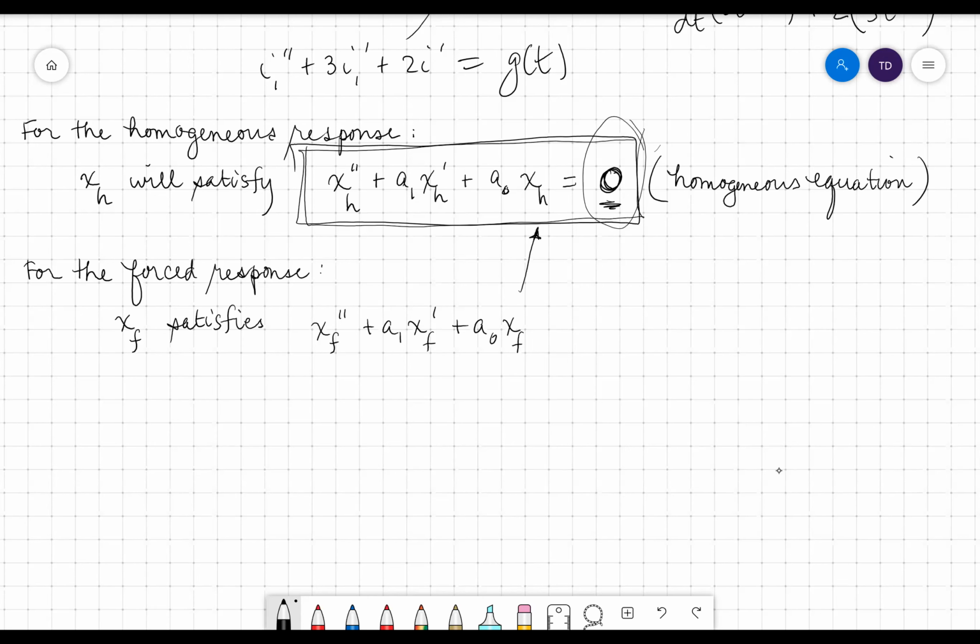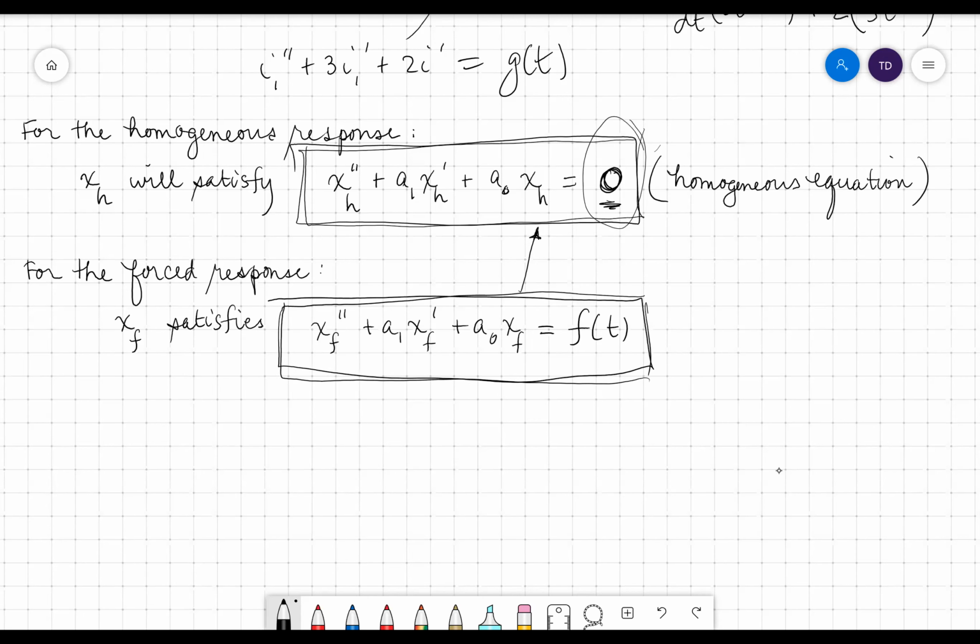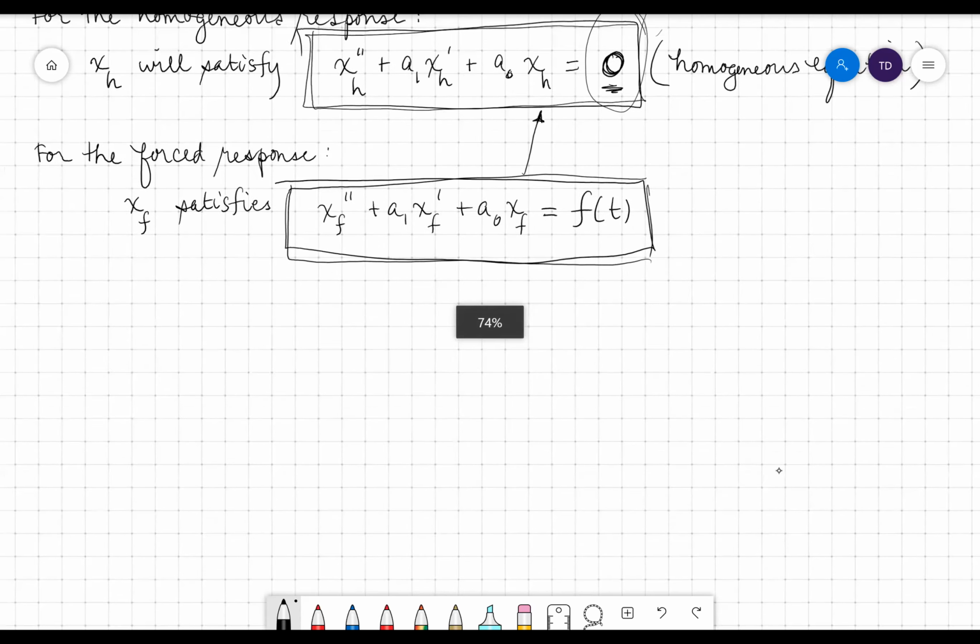I missed that H, please get that H in there. Down here, back to my original equation, equals F of T. What? That's weird. That looks like the original equation we had, except I replaced X by X sub F. It is the original equation that we had, and I did replace X by X sub F. So the forced response is going to satisfy that. Well, wait a minute, then doesn't that mean X sub F is the total response? No, you'll see why.